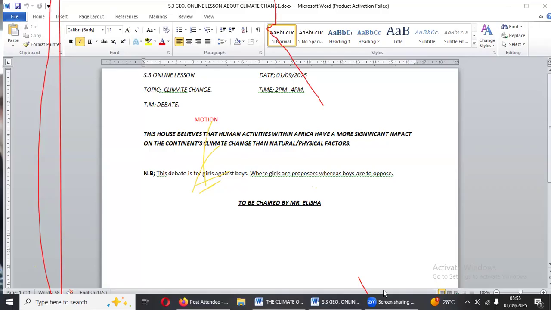Yes, sir. So the girls were the proposers, and the first speaker, Honorable Noeline Maria, talked about how physical factors can cause more dangers than natural factors.